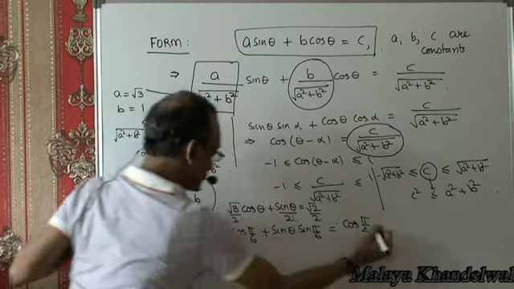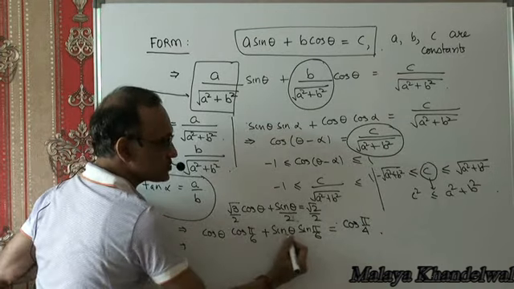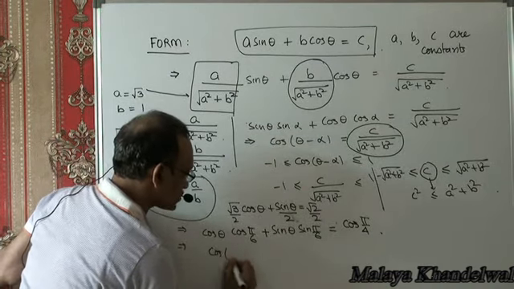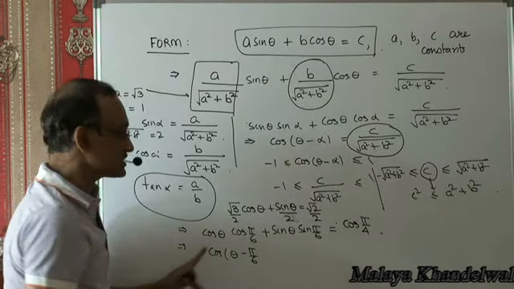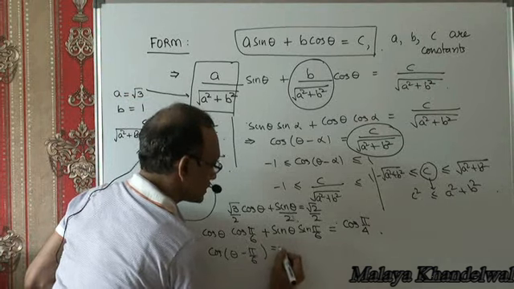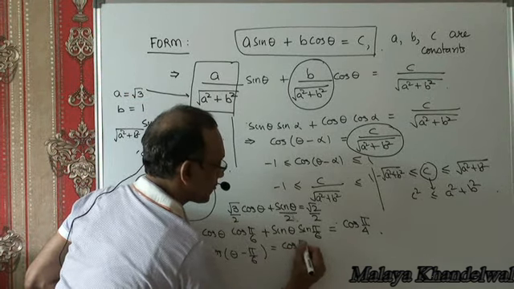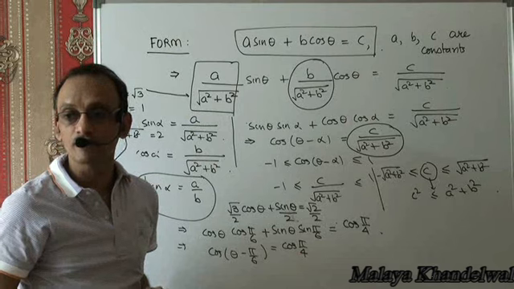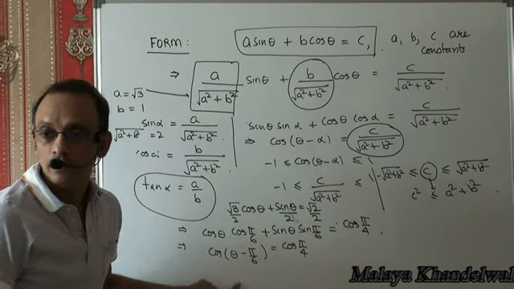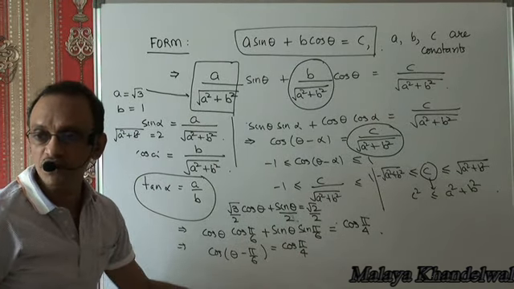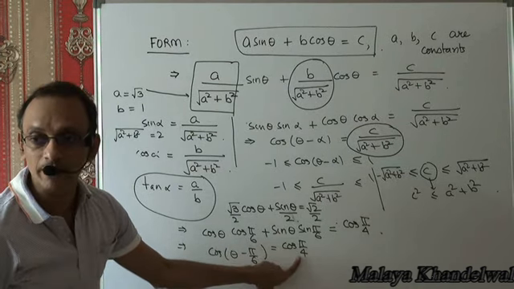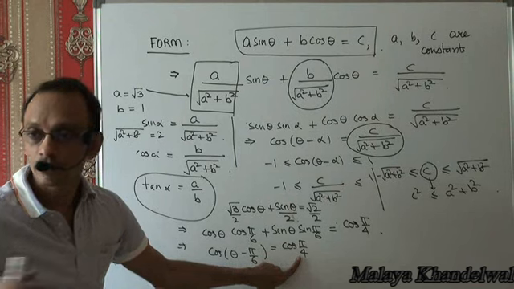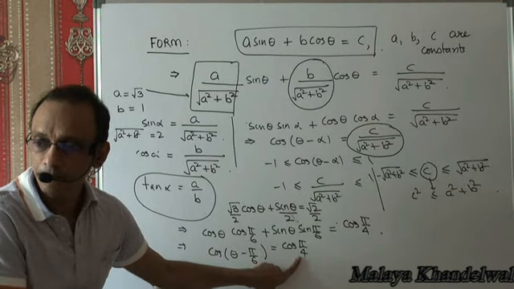So we have cos a cos b plus sin a sin b, which is cos of a minus b. Cos of theta minus pi by 6 is cos pi by 4. Can you see all of this?